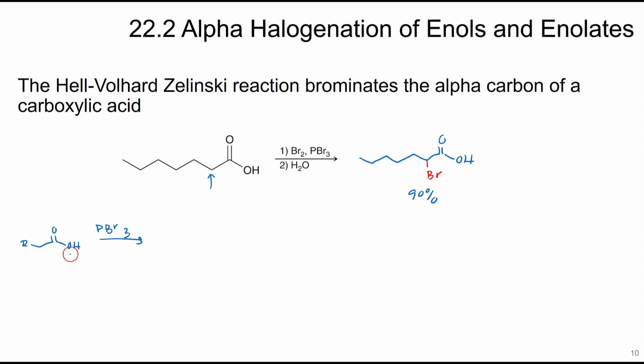Adding PBr3 to a carboxylic acid will change this OH, of the carboxylic acid, to bromine. This is an acid halide. In the process of that, this will form the acid halide enol.